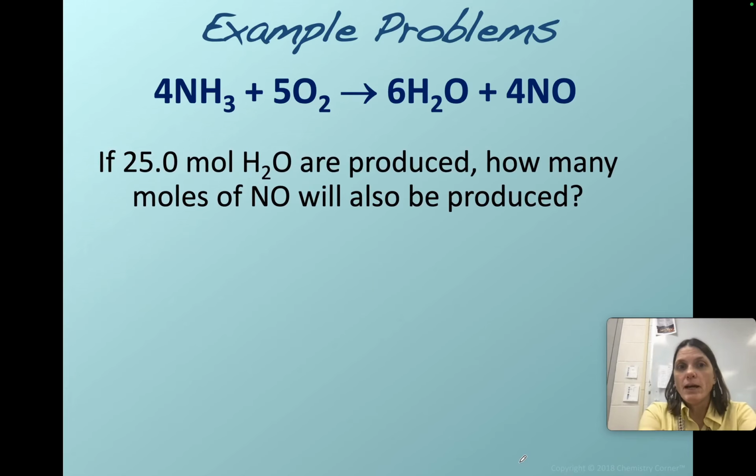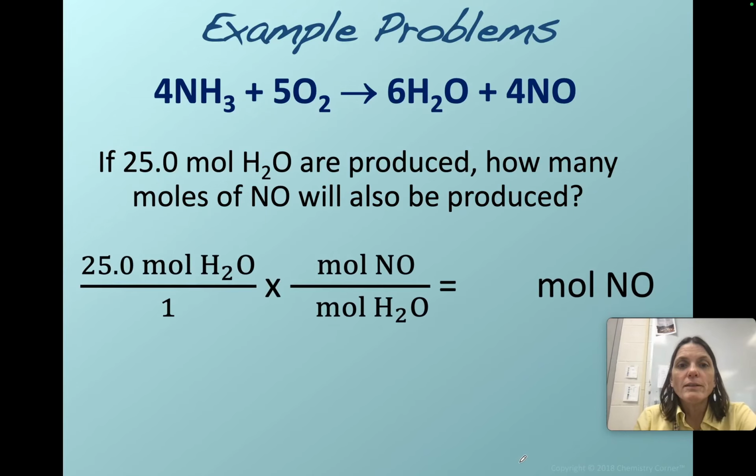Let's say you have 25 moles of water and you want to know how many moles of NO will also be produced. Okay, so in this case, we're going to make a mole ratio between the water and the NO. So again, we're going to start with the number that's given in the problem. So 25 moles of water. Now in this case, you have to include the units and the substance. And then we're going to put our mole ratio.